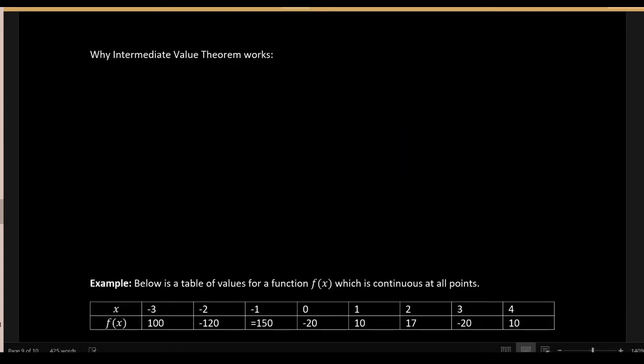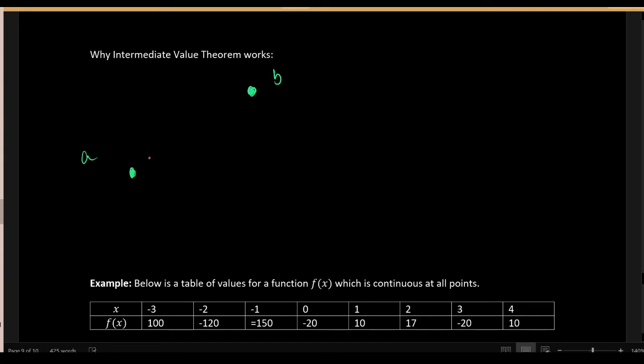Now, just a quick comment about what the intermediate value theorem is doing and why it works. So you have a function which is being considered between two x values, a and b. Now, the function is assumed to be continuous.